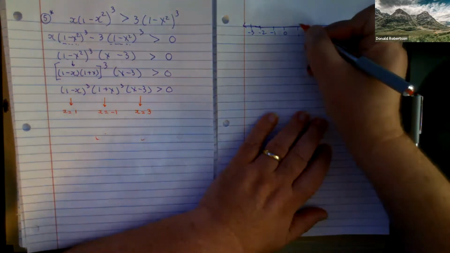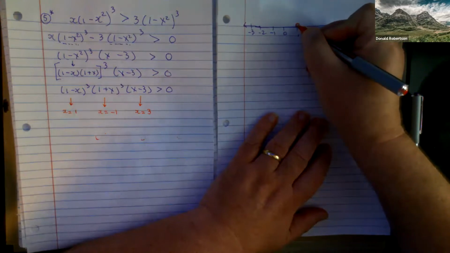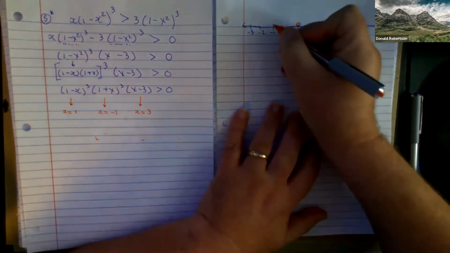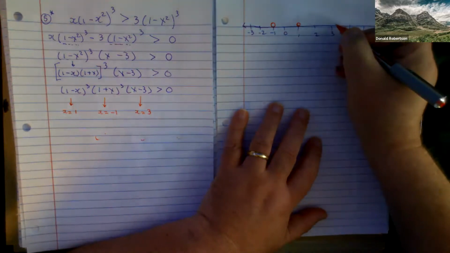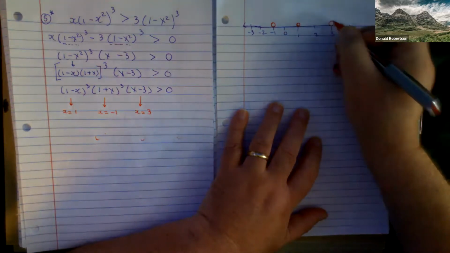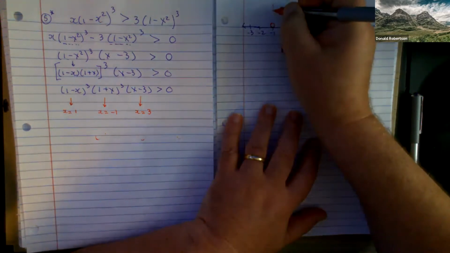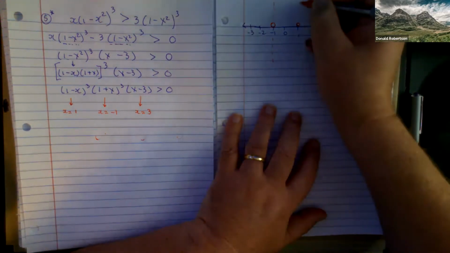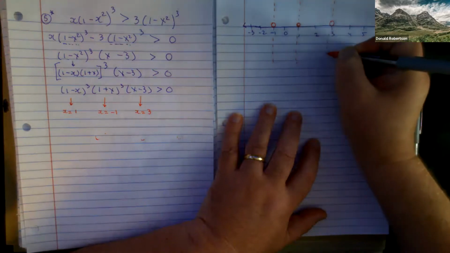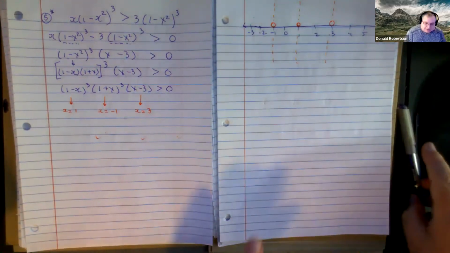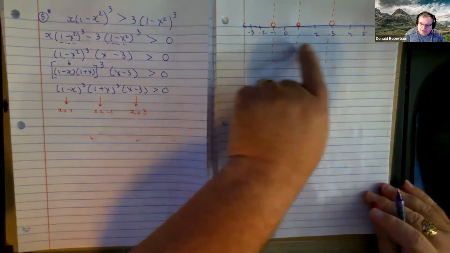So at x = 1, I'm going to do an open circle to indicate I can't use it. At x = −1, an open circle. And finally, at x = 3, an open circle. And I'm going to put in my little invisible dotted lines. They're really cosmetic, but they help me to find test points.